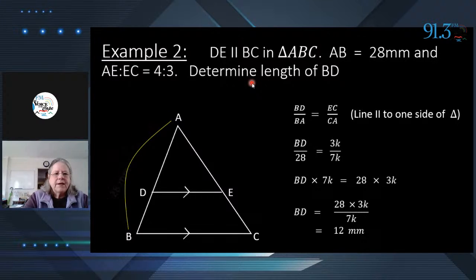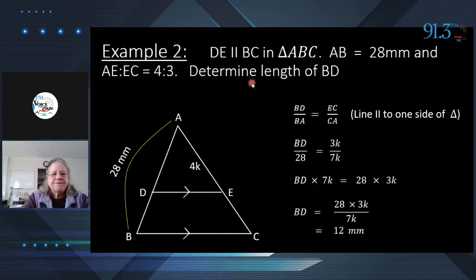So AB is 28 millimeters. AE to EC, the proportion is 4. And the minute we work with proportions, we will bring in a letter, so 4K. And the reason for that is hopefully obvious to you by now, is to distinguish so that you don't confuse the millimeters with the ratio.